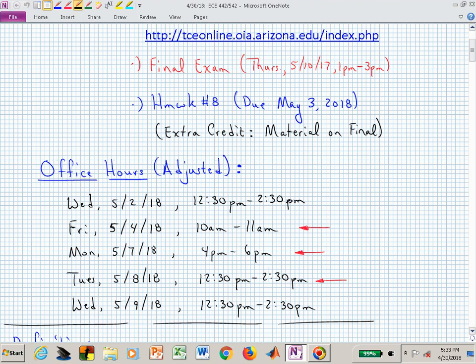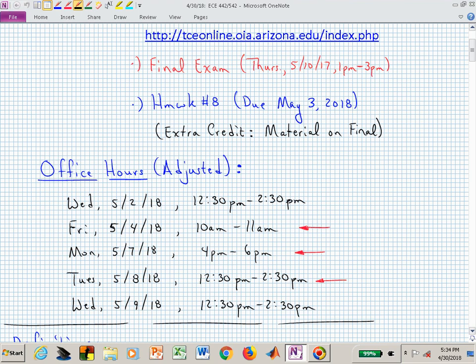The lower half of the screen that's now being displayed contains the office hours for the coming week, and we'll have Wednesday's office hours from 12:30 to 2:30. On Friday, the hour of office hours has been slid from the normal time. Again, I have another couple of appointments on either side of that, so it's at 10 o'clock to 11 o'clock on Friday.